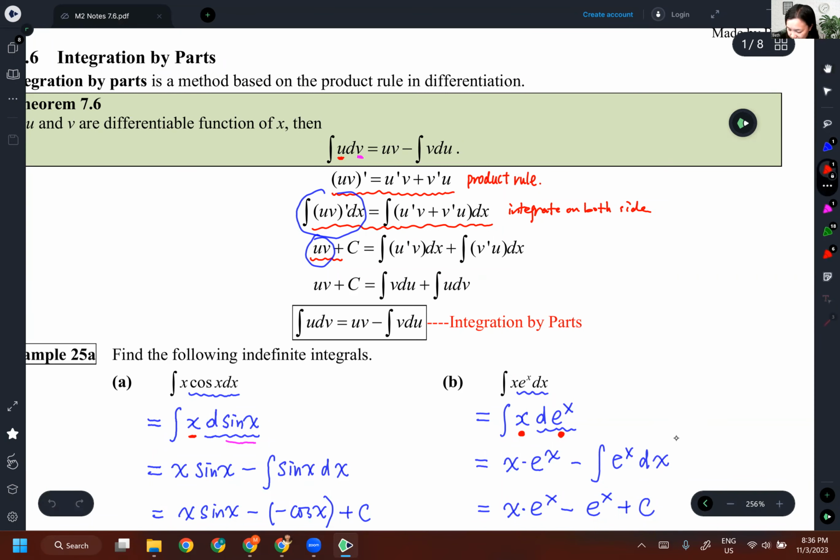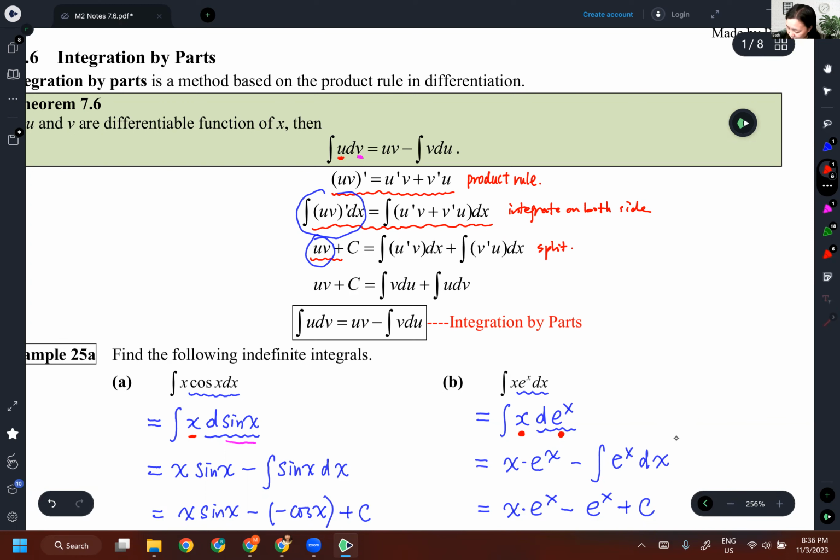So this is to split. This is addition as two different integrals. Now the last line before the end is an integration by substitution.